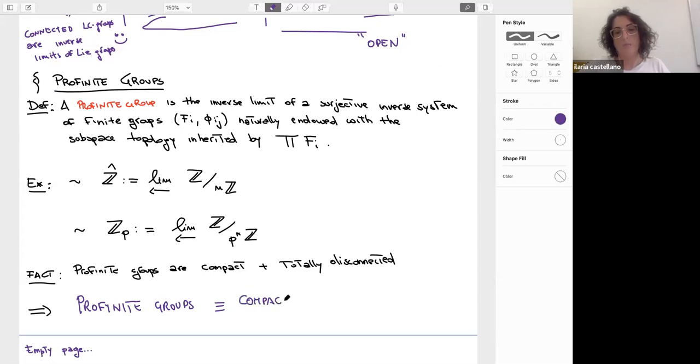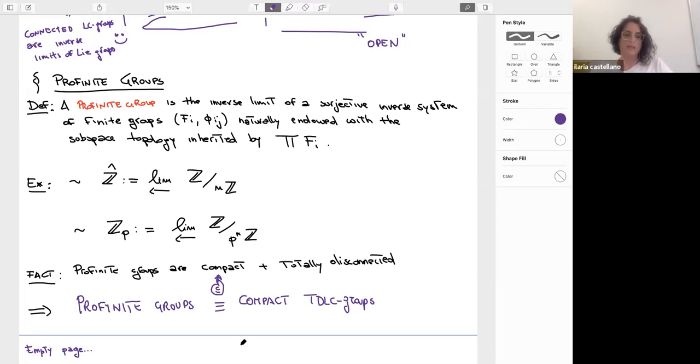So they are the compact TDLC groups. From this, I know that there is this inclusion, but I am going to prove the inclusion in the other direction.